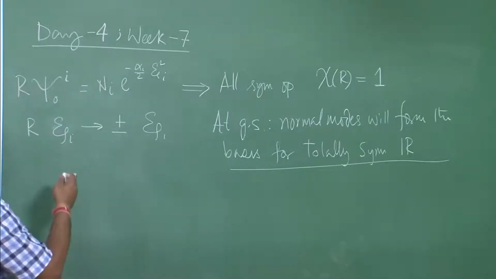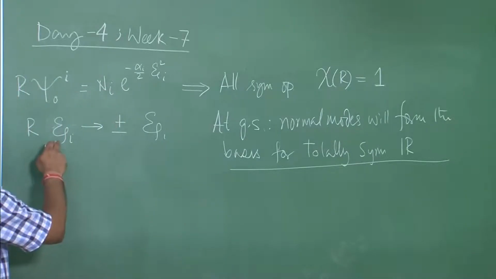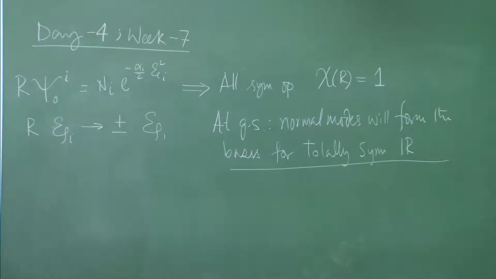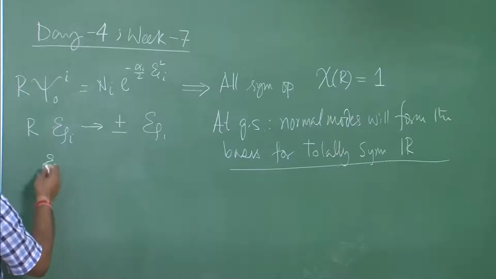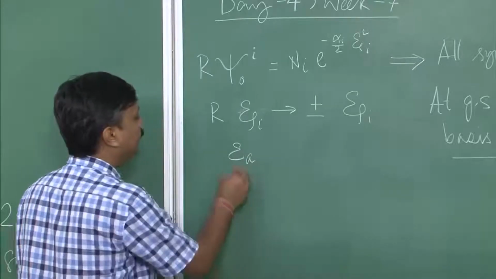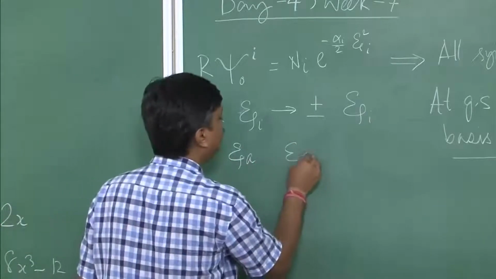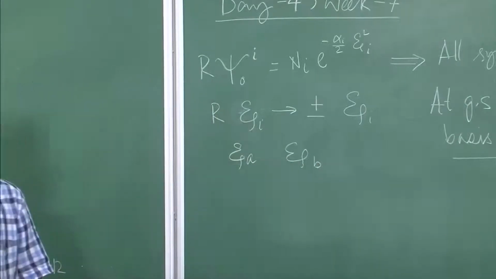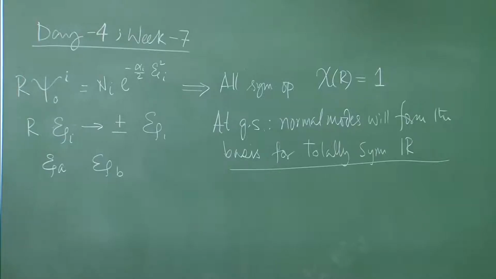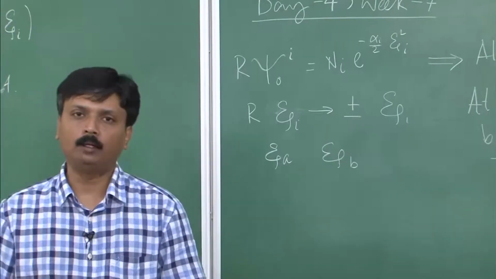Suppose I consider xi A and xi B, they form my set of two degenerate normal coordinates for two normal modes of vibration at the ground state.